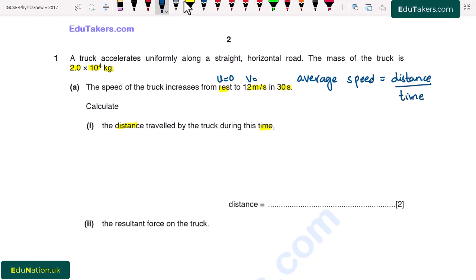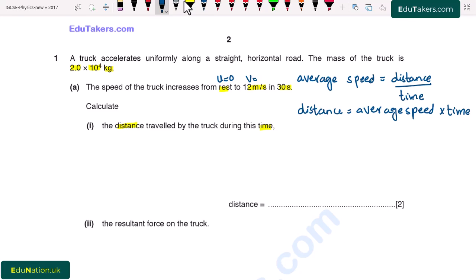So here we have to find out the value of distance. So I write here distance is equal to average speed multiplied by time.